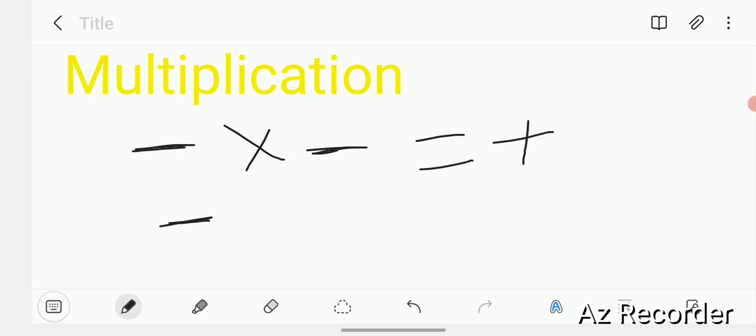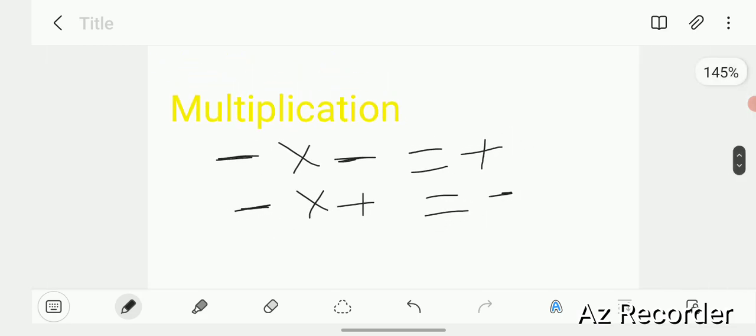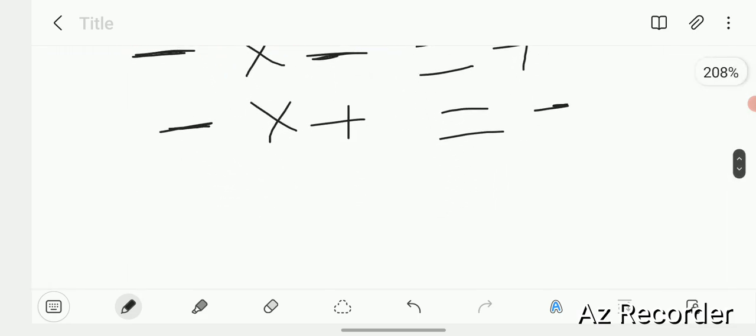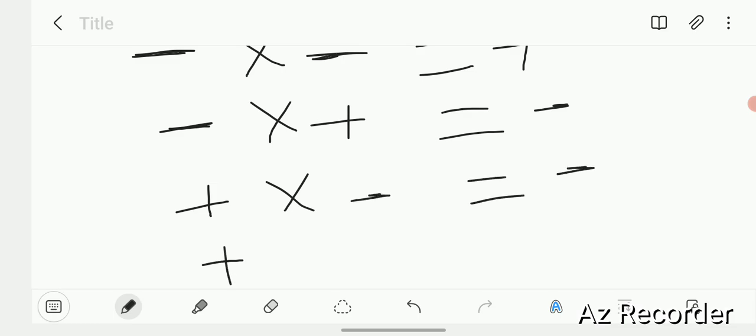When you multiply minus into plus, then the answer is minus. When you multiply plus into minus, then the answer is minus. And of course, plus into plus, obviously it will become plus.